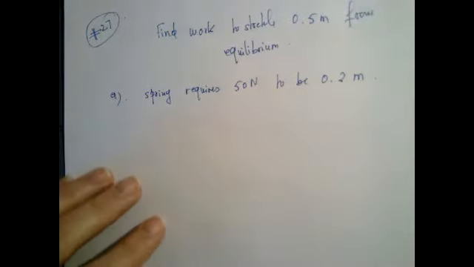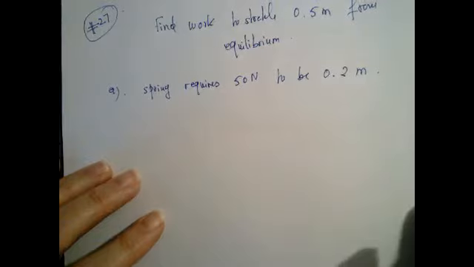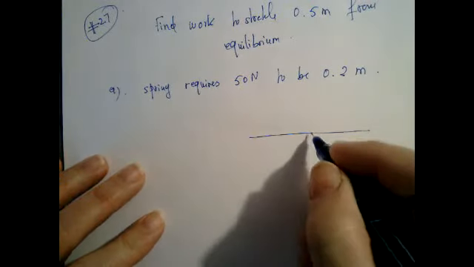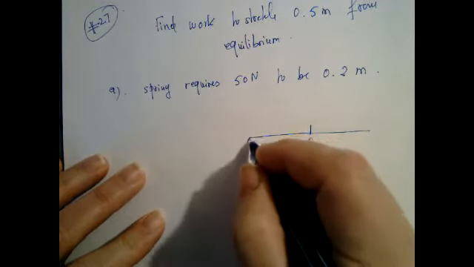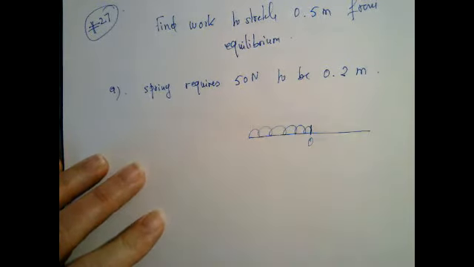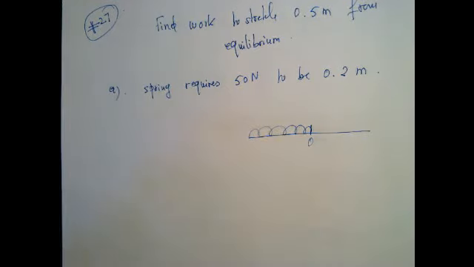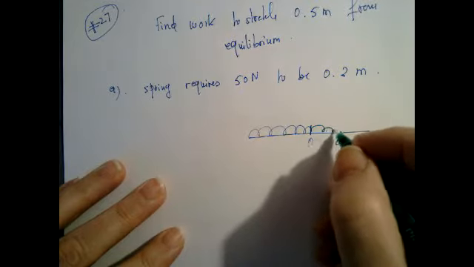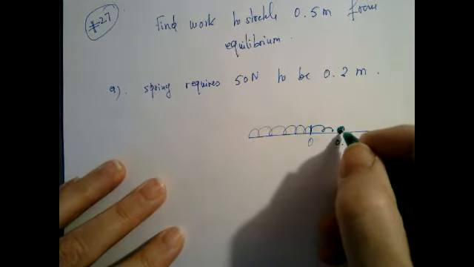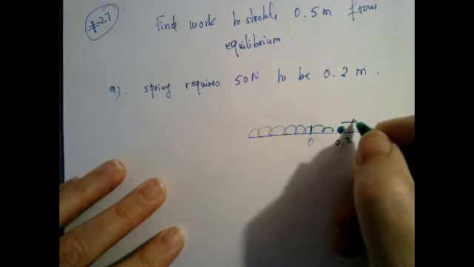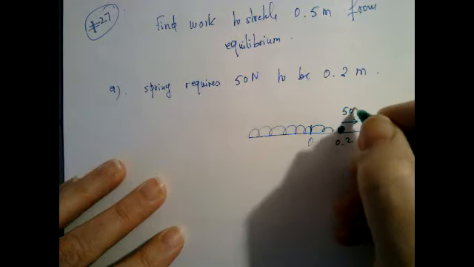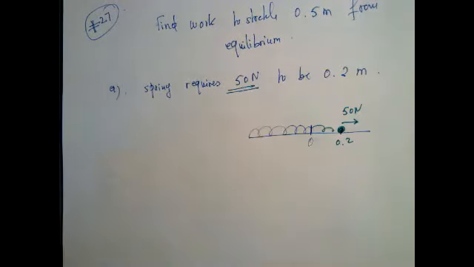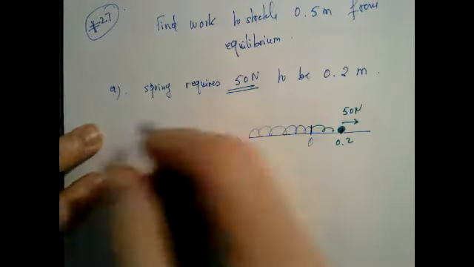So in the first scenario, we need to find this work if the spring requires 50 Newton to be stretched 0.2. So we have to definitely read the sentence and analyze it. This is my spring. That's always my equilibrium. And then if I stretch it 0.2 meter, there is a force that I need to be able to hold it stretched. This force is 50 Newton. So that's the force. All right, now we assume Hooke's law.